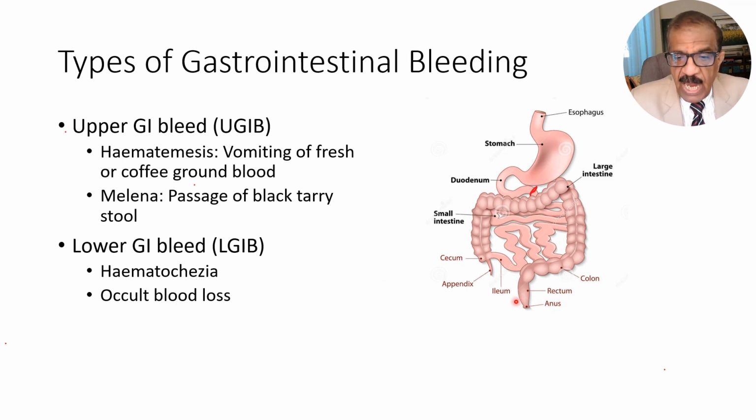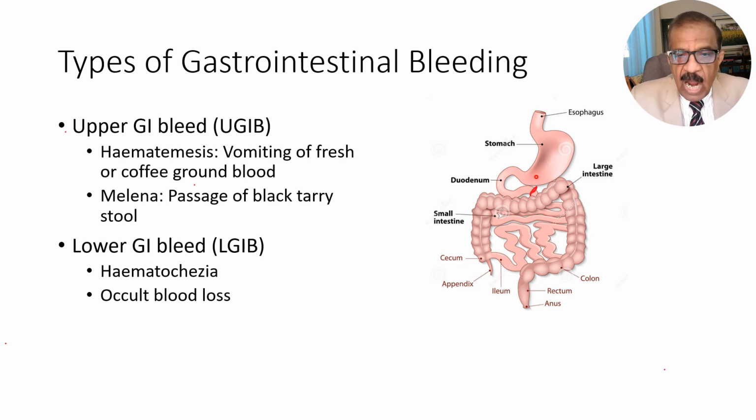Now, occasionally this hematochezia could be a sign of upper GI bleeding also. This will happen when there is a large amount of bleeding from the stomach or the duodenum, but the transit time is short. Blood very rapidly passes through the small intestine.